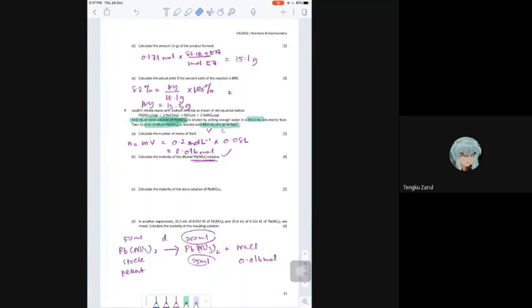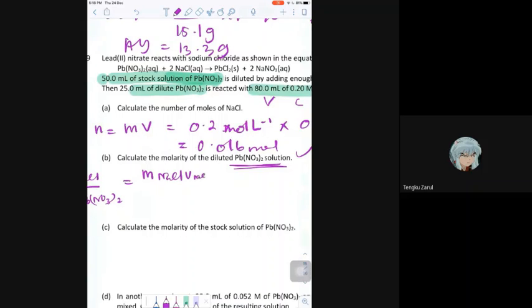M multiply with V is actually equal to n. n of the NaCl over n of the PbNO32 is equal to M NaCl V NaCl over M molarity of the PbNO32 V of PbNO32, which is equal to a over b, that is 2 over 1.